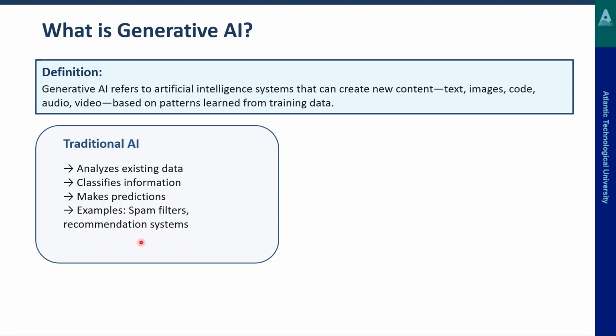Again, this is a very good example of how we can analyze existing data, classify that information, and then make predictions. If I think about a recommender system in Spotify, it would have my existing listening history, and then it would classify me. Let's say I'm always listening to rock music, then it classifies me as that type of listener.